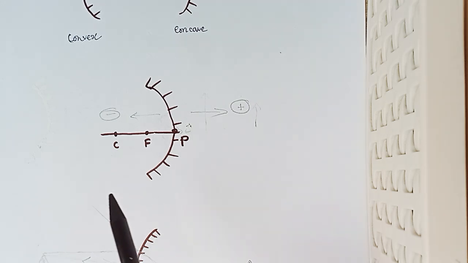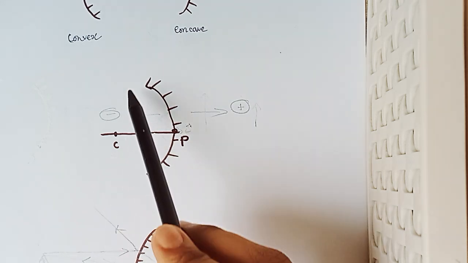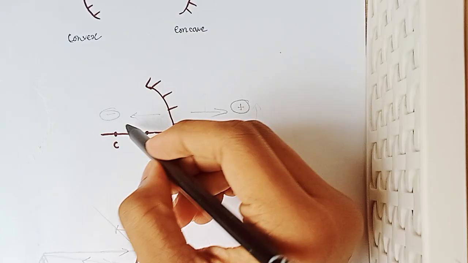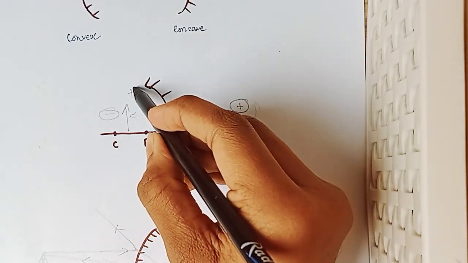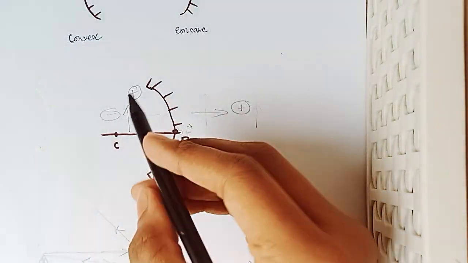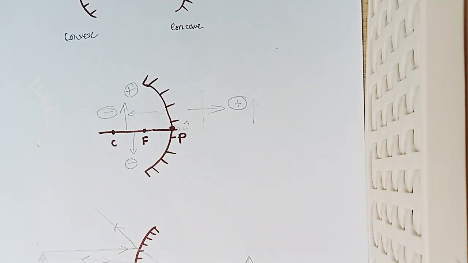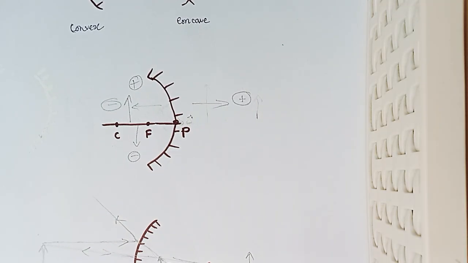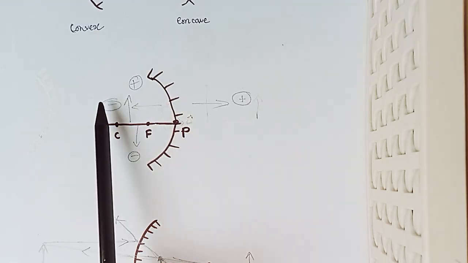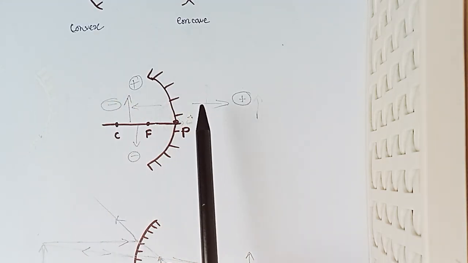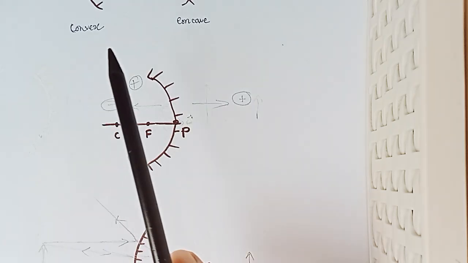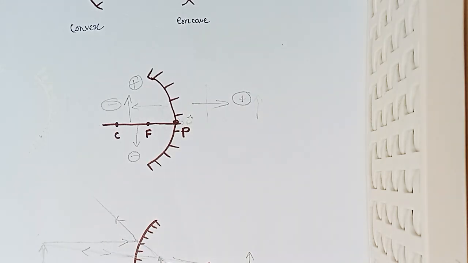Next are the vertical signs. Whenever anything is above the principal axis, then it is positive. And whenever it is below the principal axis, then it is negative. So an easy memory trick to remember is: left, negative; right, positive; up, positive; down, negative.